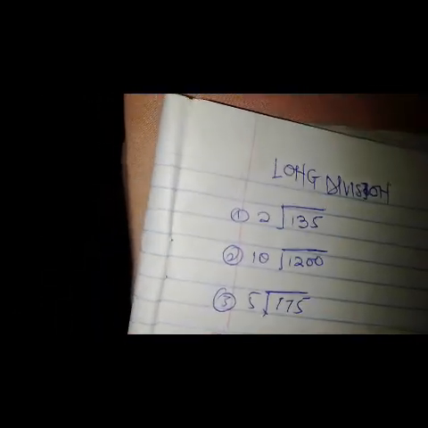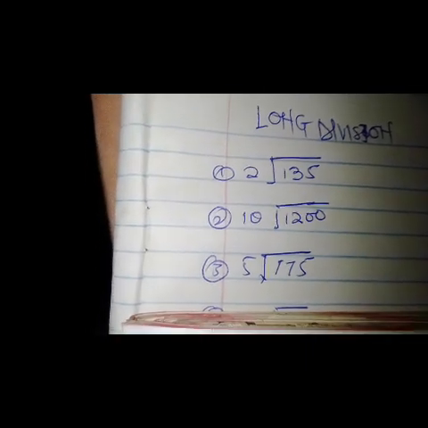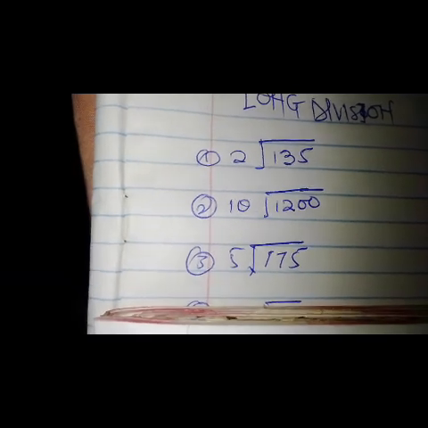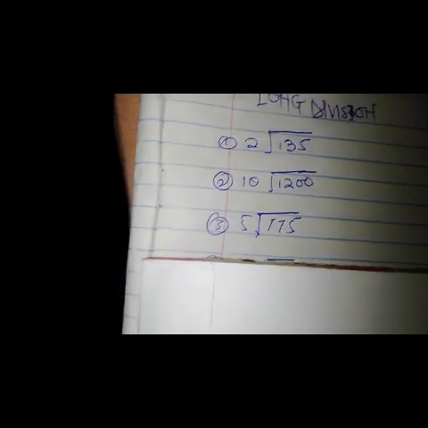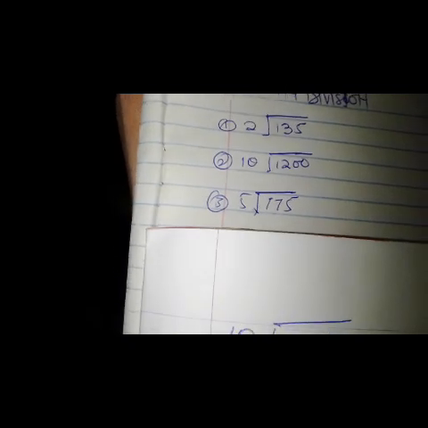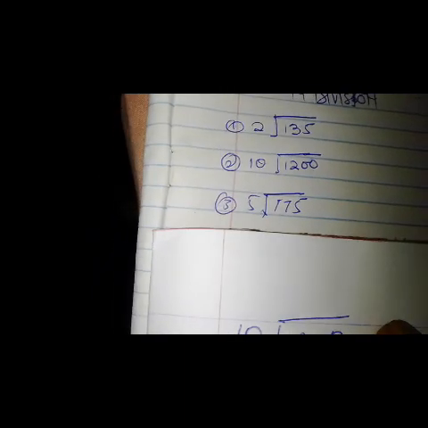Now let's go to number 2: 1200 divided by 10. There's a trick regarding this one that, if you are not taught, you won't know. I'm looking for the tricky ones.